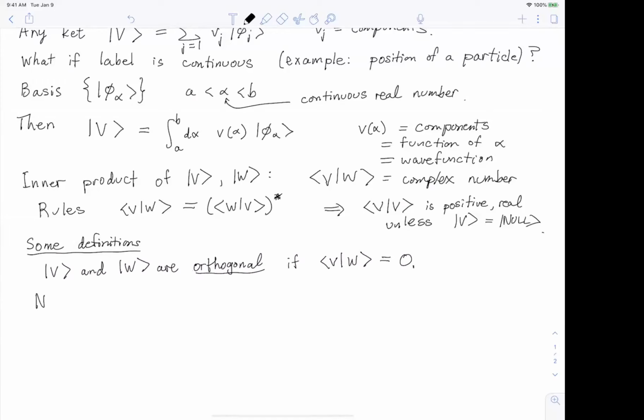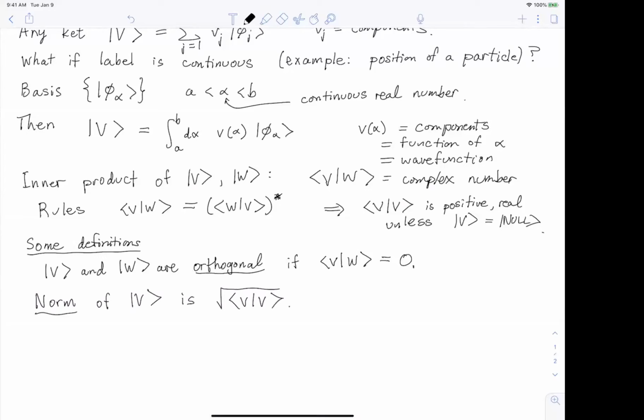Another definition we'll need is that of the norm. The norm of a ket or vector V is given by the square root of its inner product with itself. If it's not null, that's a positive number, so it's nice we can take the square root if we want.